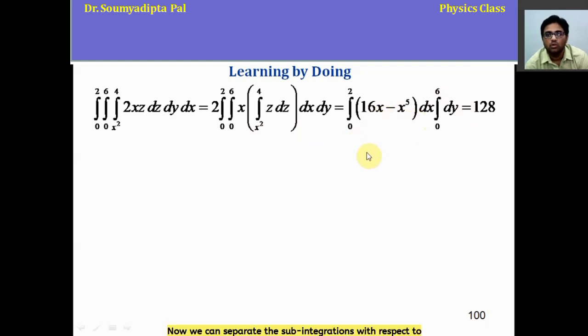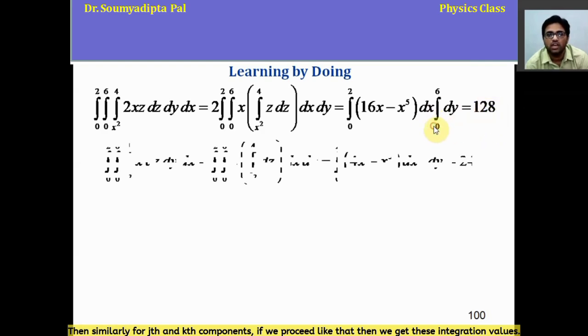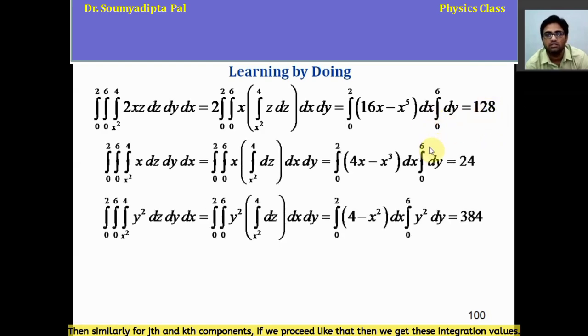Now we can separate the sub integrations with respect to x and y and solve them, and we get this value. Then similarly for the jth and kth components, if we proceed like that, we get these integration values.